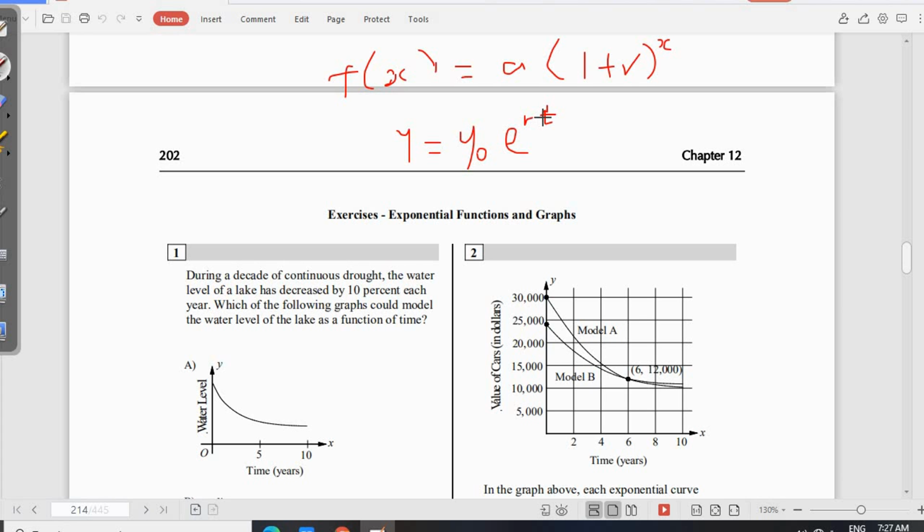We're just going to work with any of these formulas in order to solve our questions.